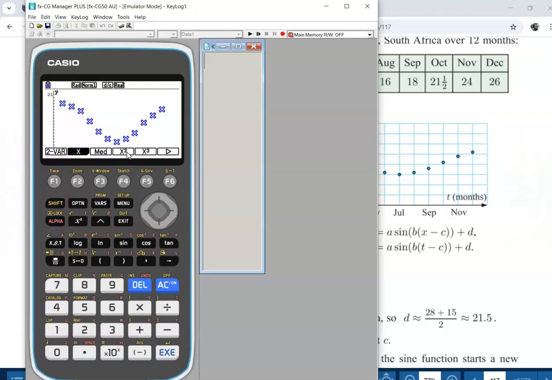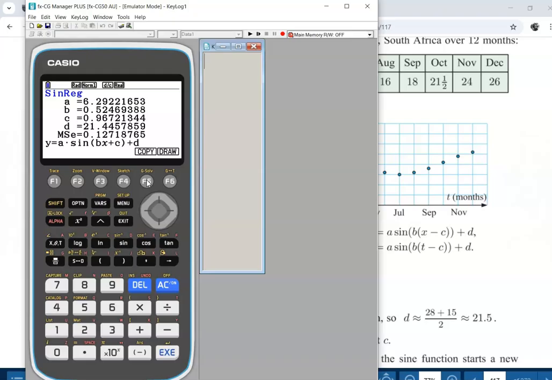But we know we're doing a periodic situation, so we're going to go more, and we're going to choose our sine. So we press F5, and please notice it's actually giving you your A value, your amplitude, your period, not your translation. Why? Because the B is inside the bracket. You could still write that down.